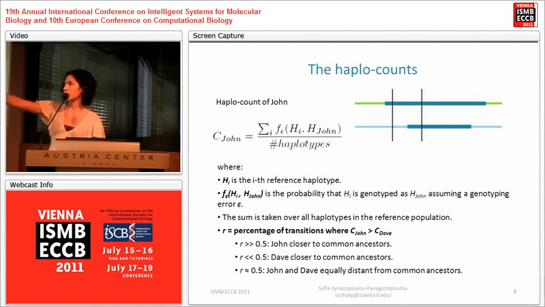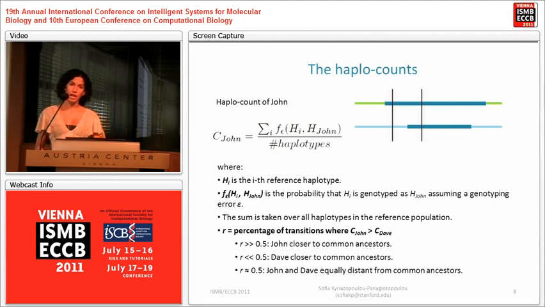So in this formula here, H_i is the ith reference haplotype, H_John is the haplotype of John in the same region, and f(epsilon) is the probability that the two haplotypes look the same due to genotyping errors. We then sum over all the haplotypes in the reference and divide by the number of such haplotypes.